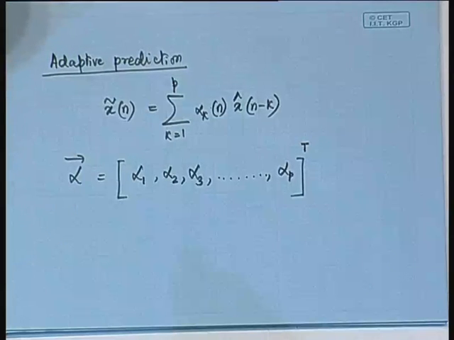Now, how to obtain these predictor coefficients? Definitely one has to optimize the choice of the predictor coefficients. And how one can optimize that choice? By simply reducing the mean square error.